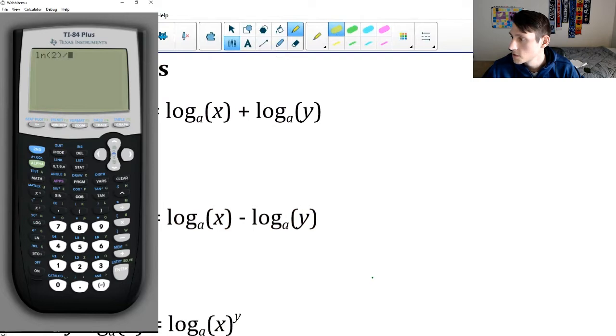Let's say I do natural log of 2 divided by natural log of 6. 0.387. Okay, great. Now let's see if I do common log of 2 divided by common log of 6. Same exact thing. So it's totally up to you. Unless the problem specifically says change to this specific base, then if you're just doing a calculation, choose whatever you want. So still end up with the same value.